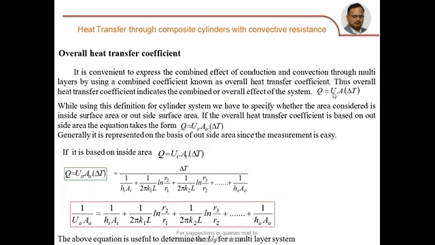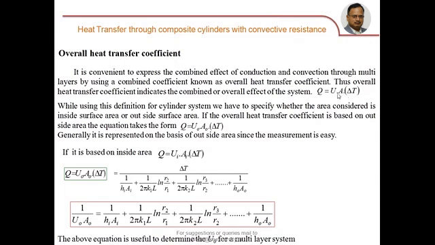So for convective heat transfer alone we use h, and for combined conduction and convection we use a coefficient U, the overall heat transfer coefficient. The equation for it is Q equal to U A delta T. Very simple, remember, don't confuse.